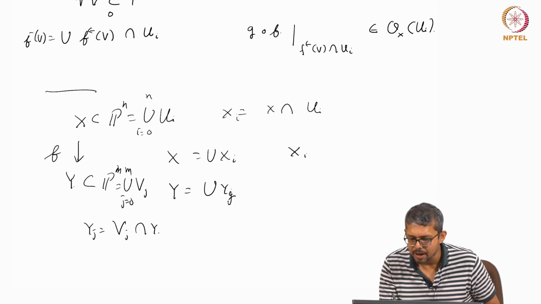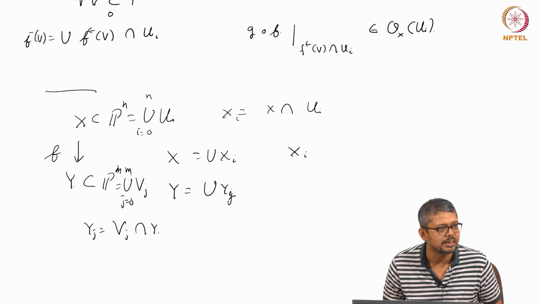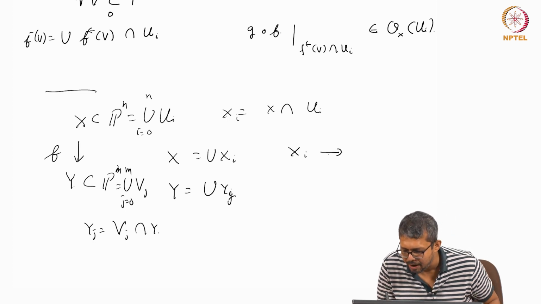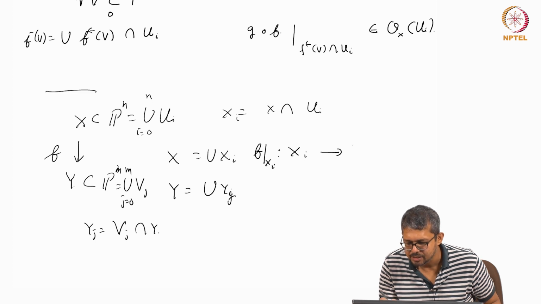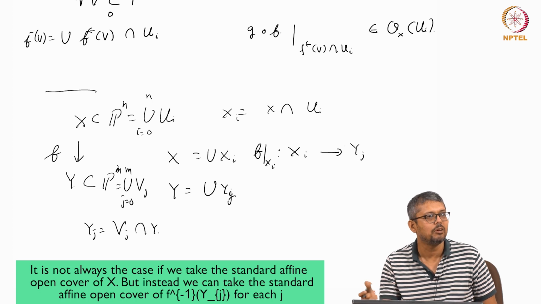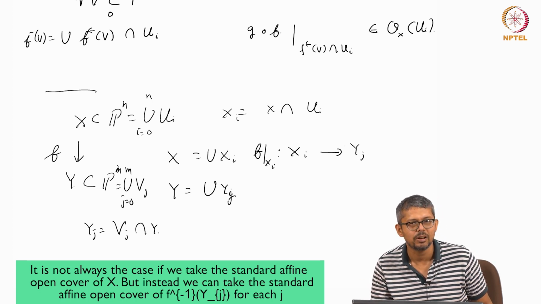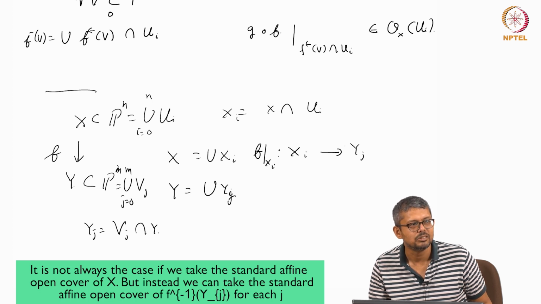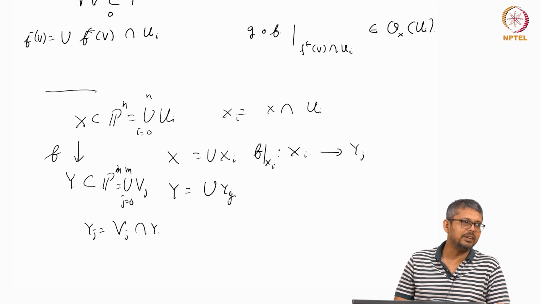You first define f as a set theoretic map, and then you show that when you restrict this map to Xi, they are nice. They take regular functions to regular functions, because Xi and Yj are affine. So this is how it is done in practice.